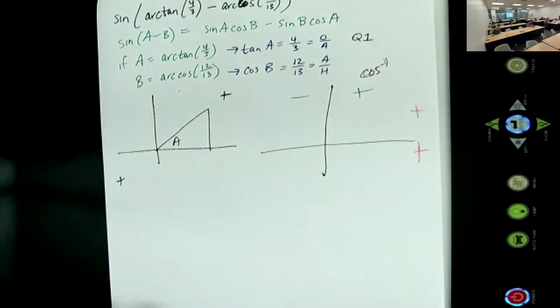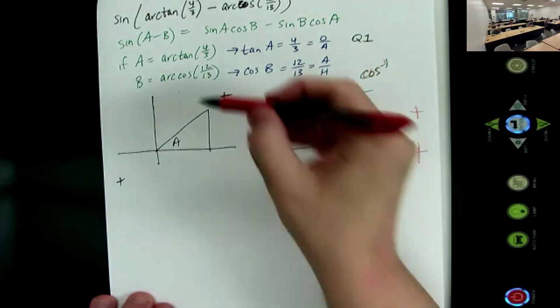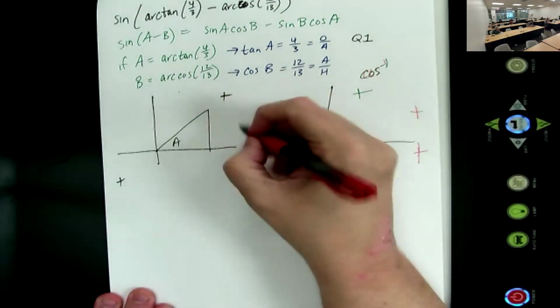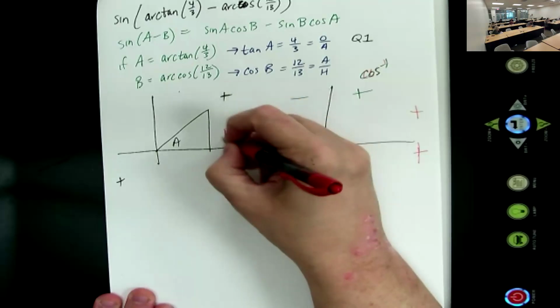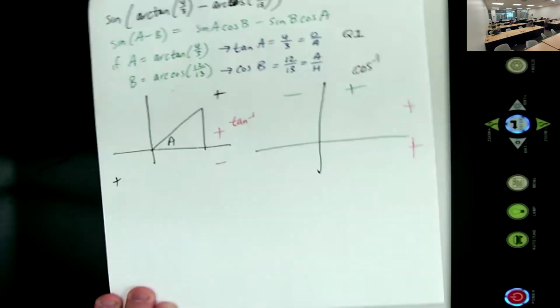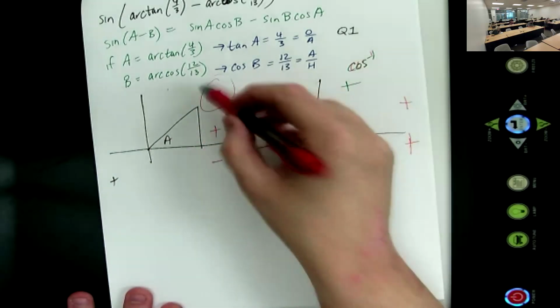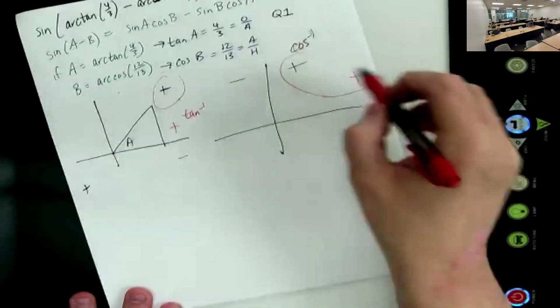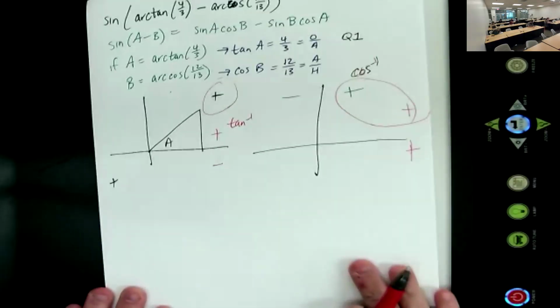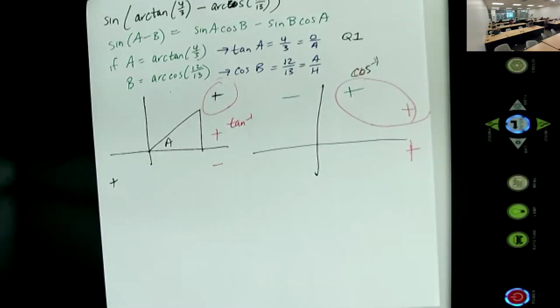But tangent inverse has sine over cosine. Tangent inverse is positive here and negative here. We need those values. So that quadrant there and this quadrant there as well. It takes some wrapping your brain around until you line up what quadrant's what.